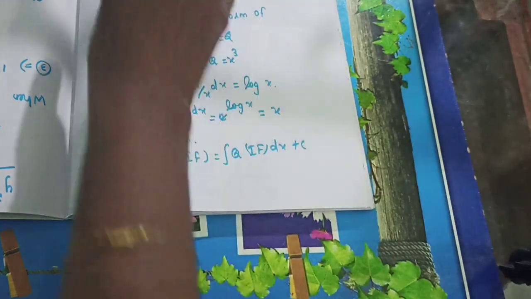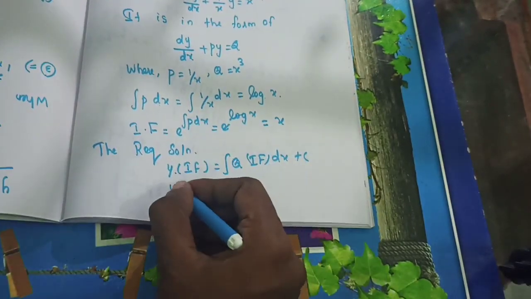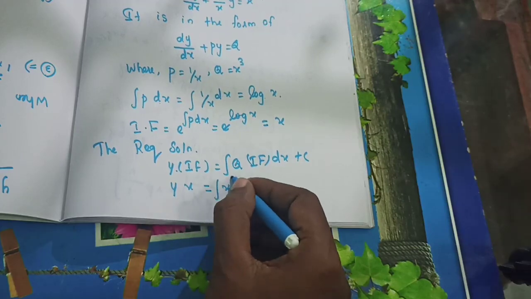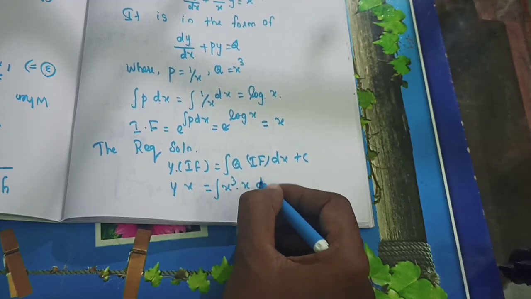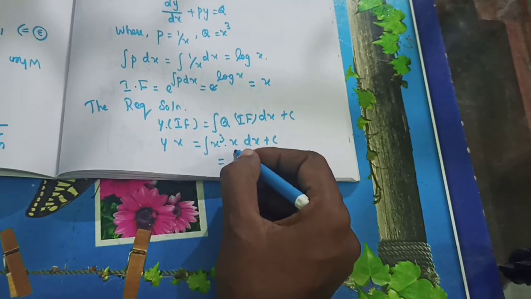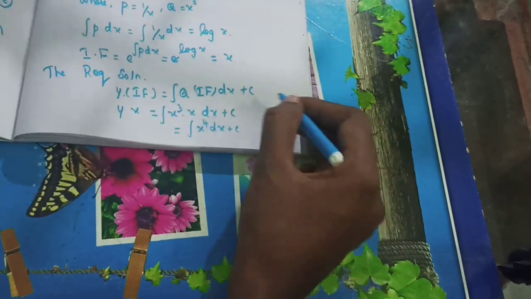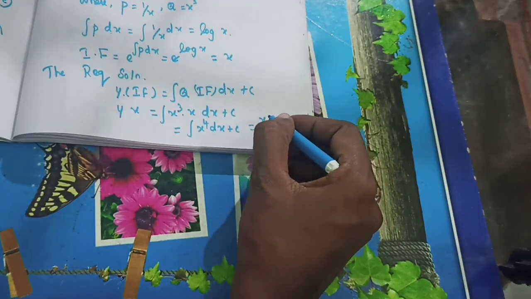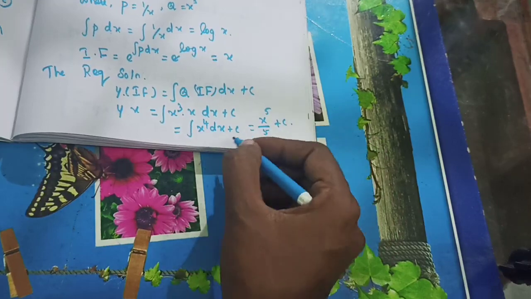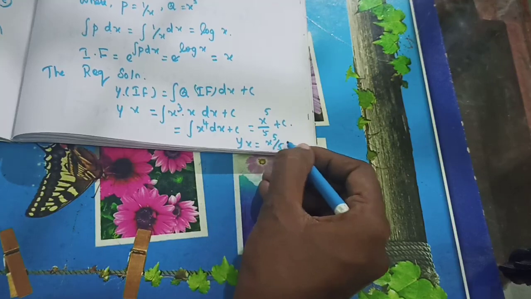This formula is not different; it is the same as the earlier one. So y into x equals integral of x cube into x dx plus c, which equals integral of x power 4 dx plus c. The integration of x power n is x power n plus 1, so x power 5 by 5 plus c. So the answer is yx equals x power 5 divided by 5 plus c.